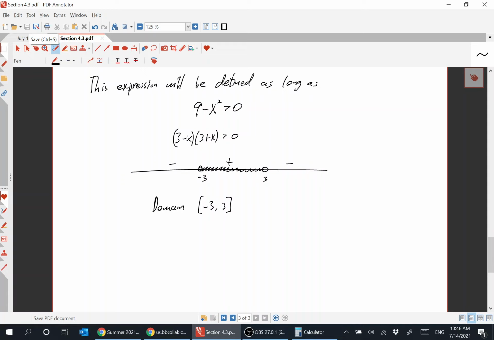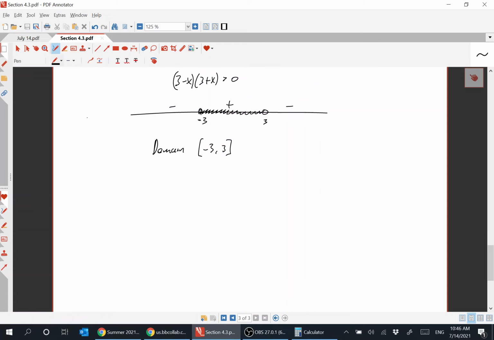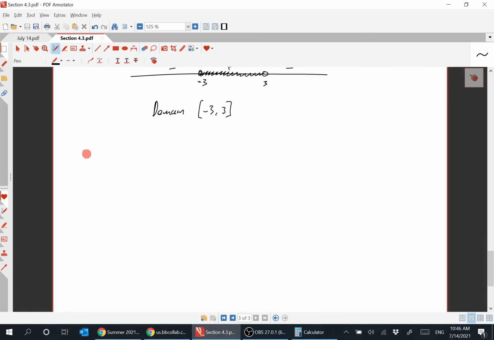So some special bases or commonly used bases for logarithms are as follows. This is just some notation.